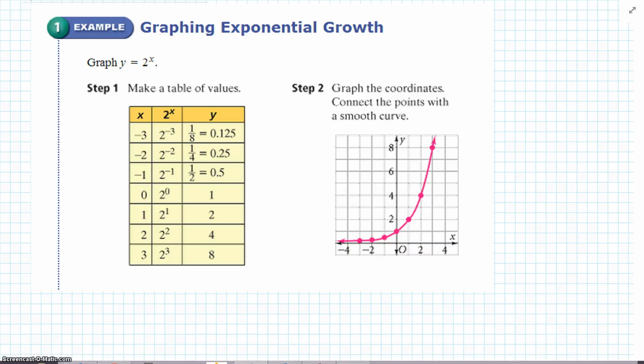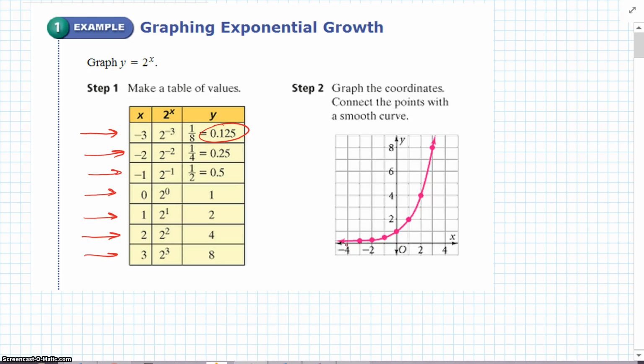So how do we graph an exponential growth function? We go back to plug and chug. Pick a few negative numbers and a few positive numbers for x and then solve for y. You can see they made a table and plugged in x is -3. They found out what 2 to the x is and then found out what y is. They did it for -2, -1, 0, 1, 2, and 3.